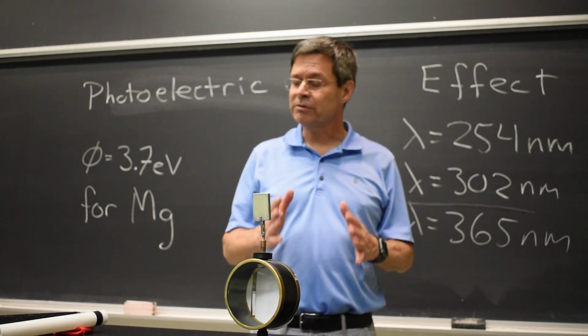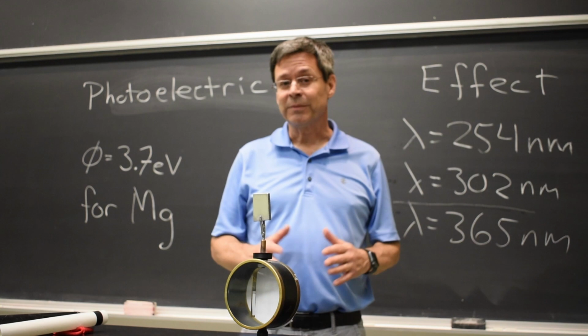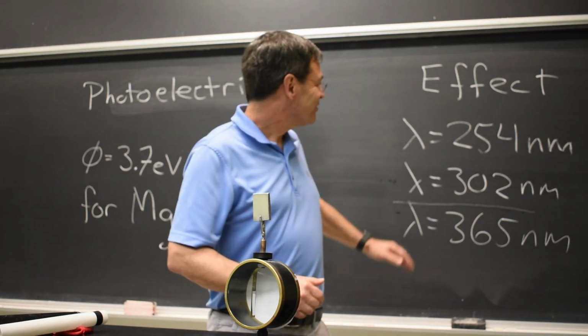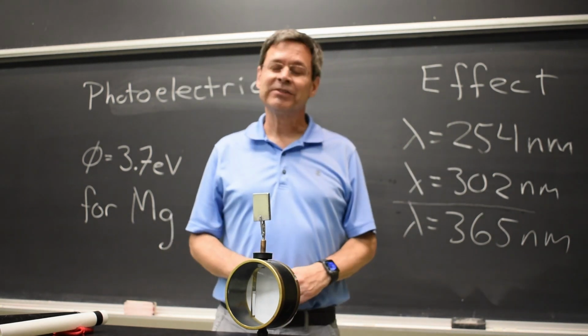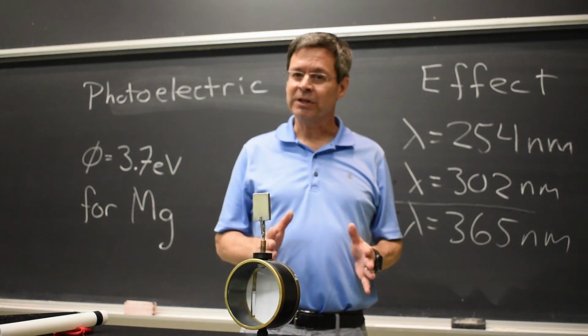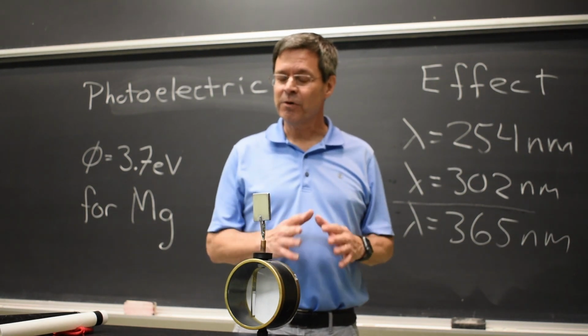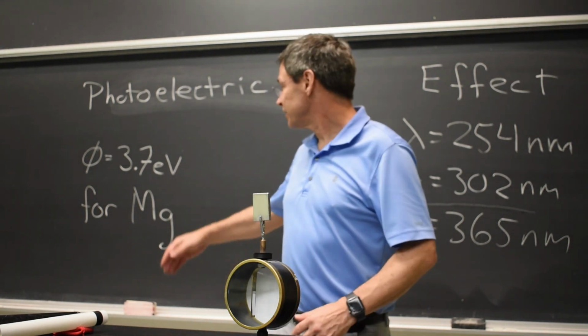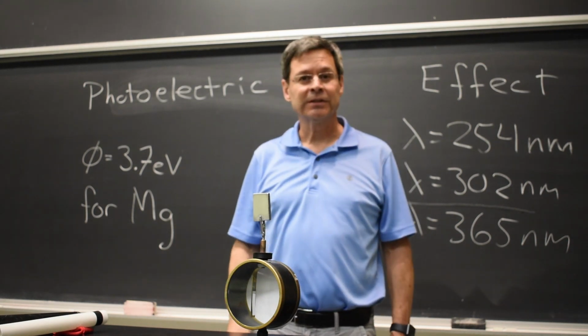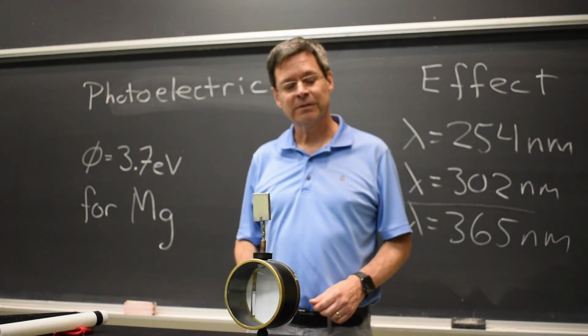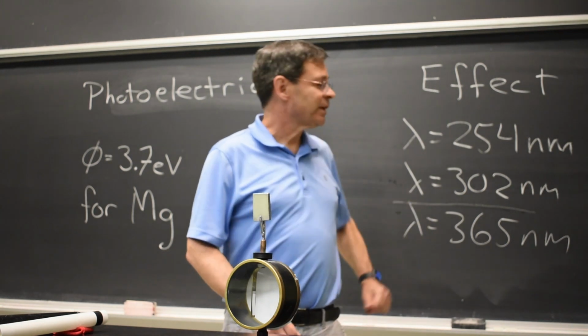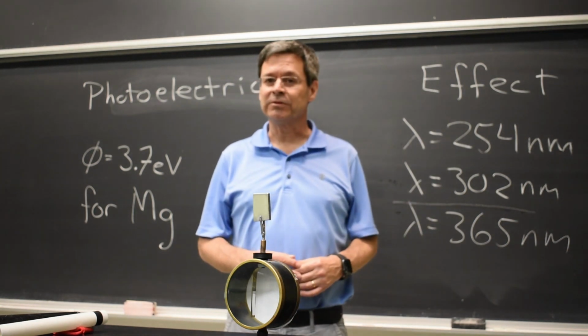I leave it to you to figure out that calculation, but I will tell you the answer. So at 254 nanometers, the energy per photon, each particle of light, is 4.9 electron volts. And that is safely above 3.7, so the electrons are kicked out. At 302 nanometers, you're going to get less energy per photon.